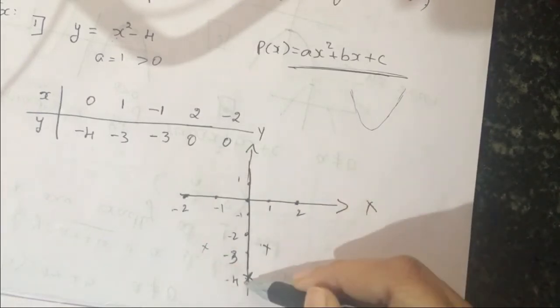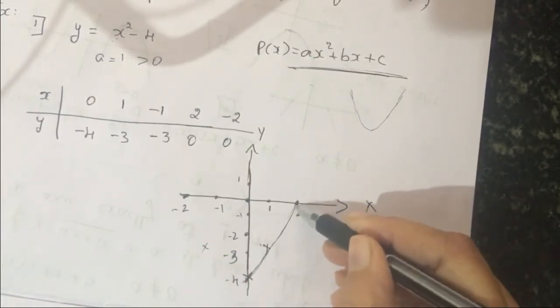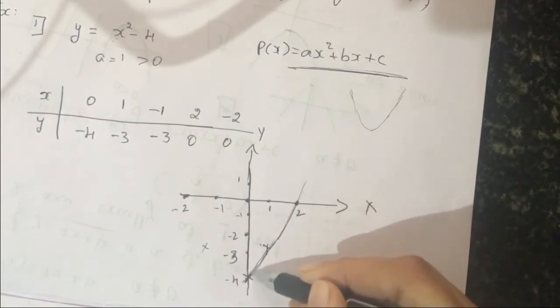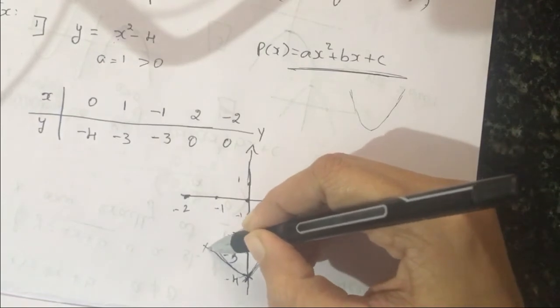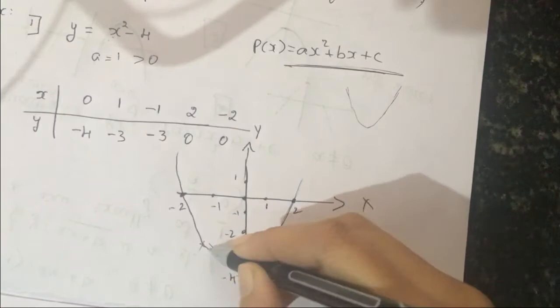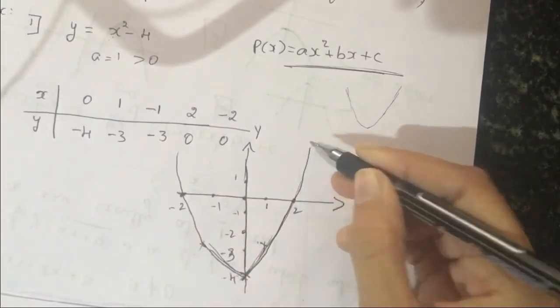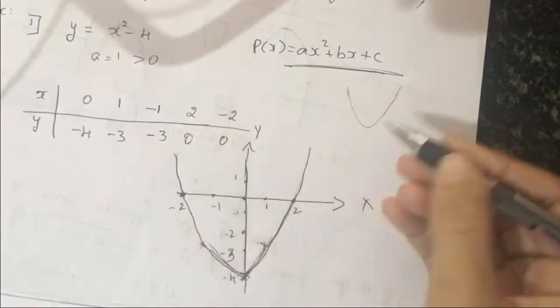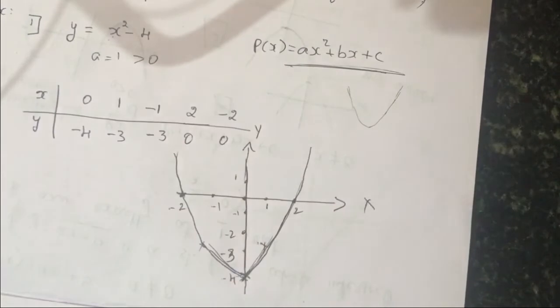So let me join the points. The parabola goes like this. Okay. Here a is greater than 0, so it goes like this.